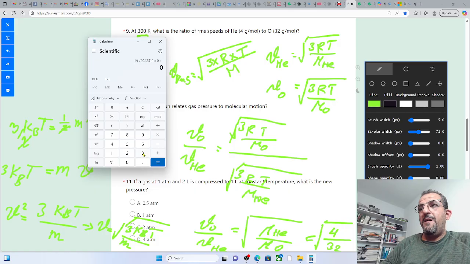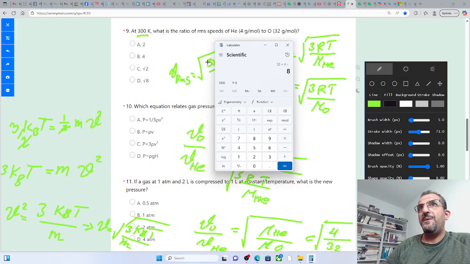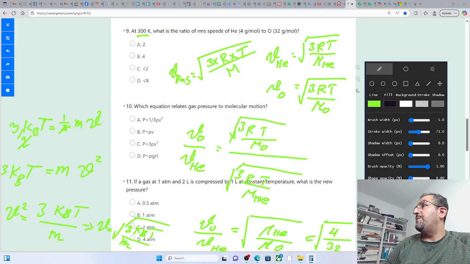I have 32 divided by 4, and then I get the square root. That means we have the square root of 8, so the square root of 8 is the right answer here. What you need to do is just flip.